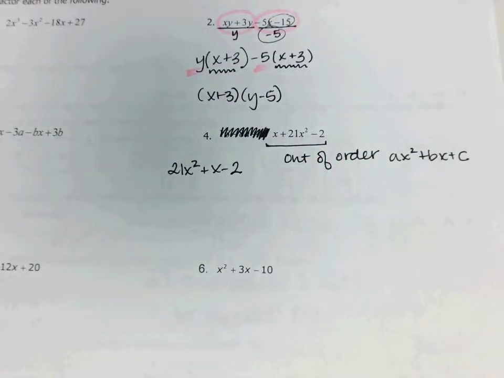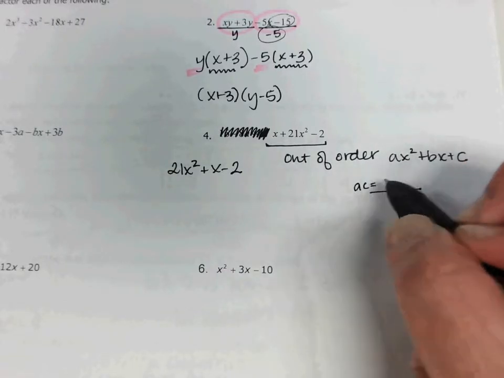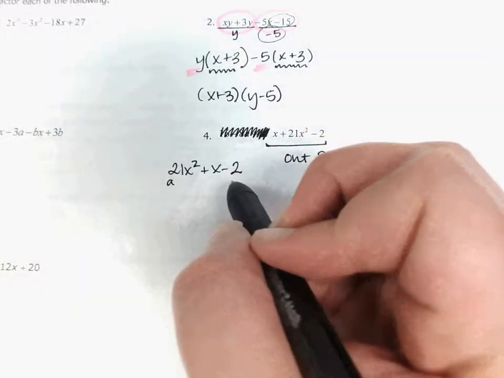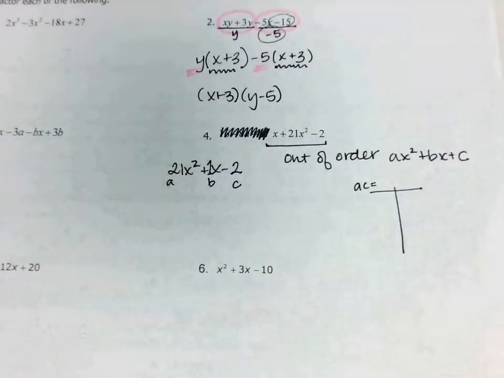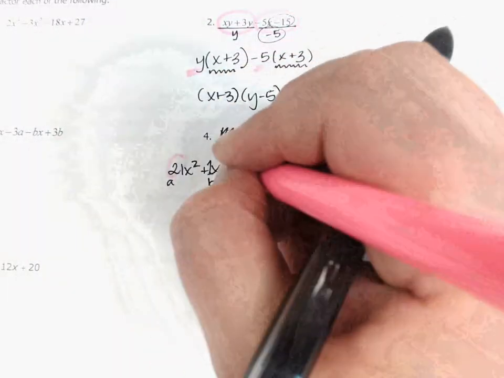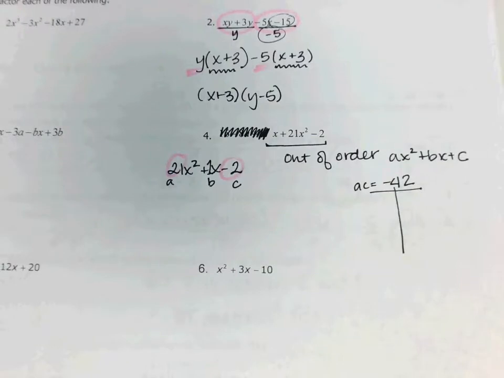Then from there, I'm going to set up my t-chart. Remember, at the top of the chart is a times c. My a is a 21. My b in the middle is a 1. My c is a negative 2. So if I do 21 times negative 2, that gives me a minus 42. Then I'm going to go through all of the factors that will multiply to 42.